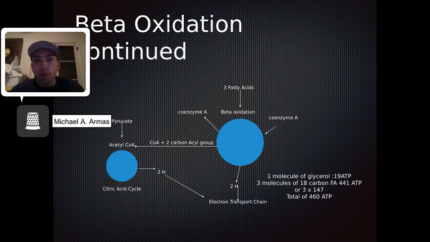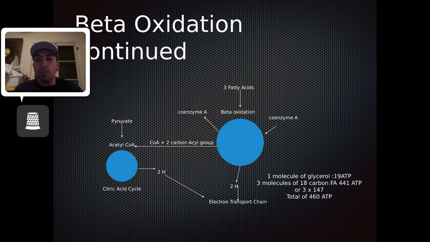Here we have a flow chart of beta oxidation, and as we can see, a chain of fatty acids can enter beta oxidation, and through the cycle we get coenzyme A. We're producing hydrogen that's shipped out to the electron transport chain, and we're producing a 2-carbon acyl group that gets shipped over to the citric acid cycle, or Krebs cycle, and helps produce more ATP.